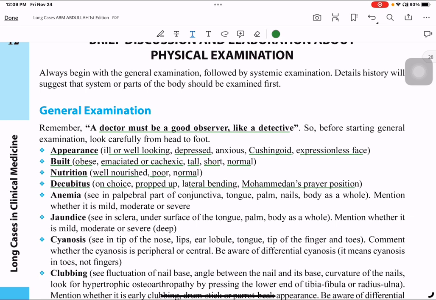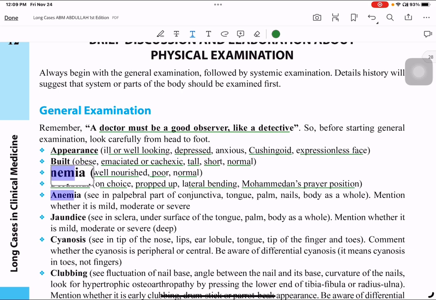Everything indicates some disease. In a propped up position, usually the patient has some heart disease or heart failure and feels good in that position. So posture is very important before going to a diagnosis.